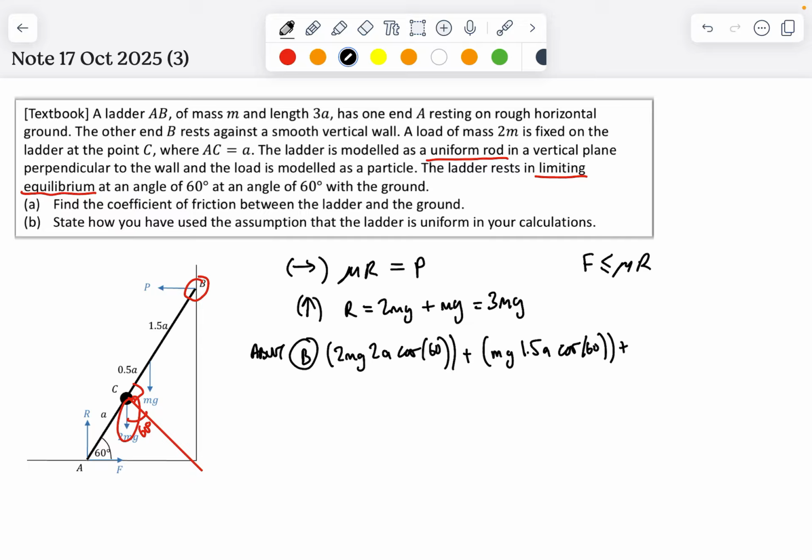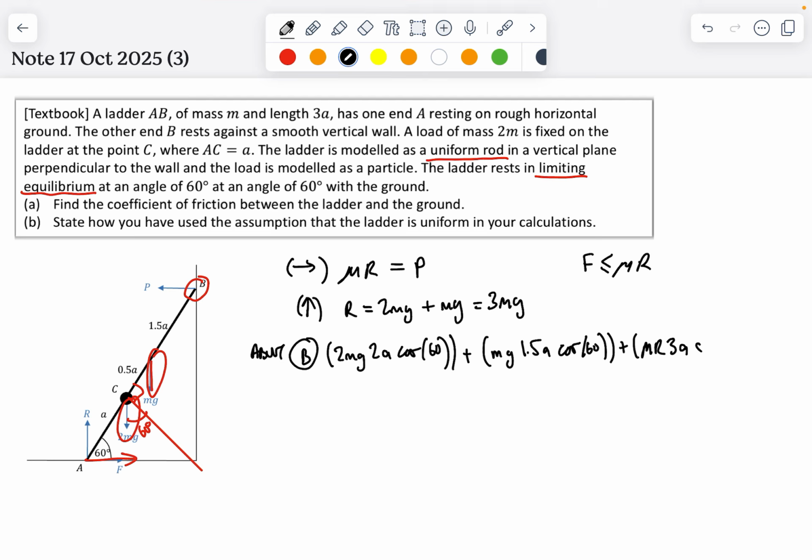And then the last one I've got is mu R, that's my friction, multiplied by the distance, which is 3a, the length of our entire ladder.